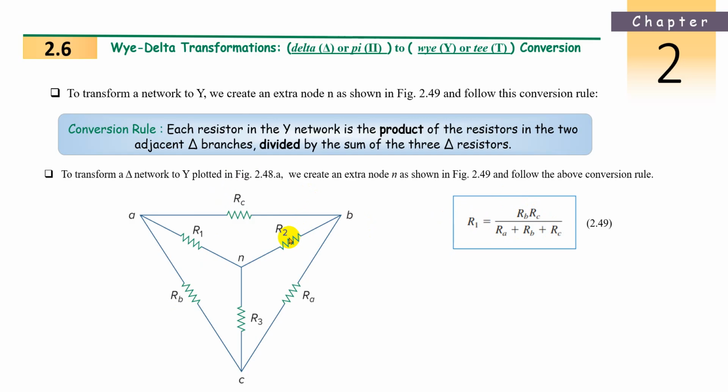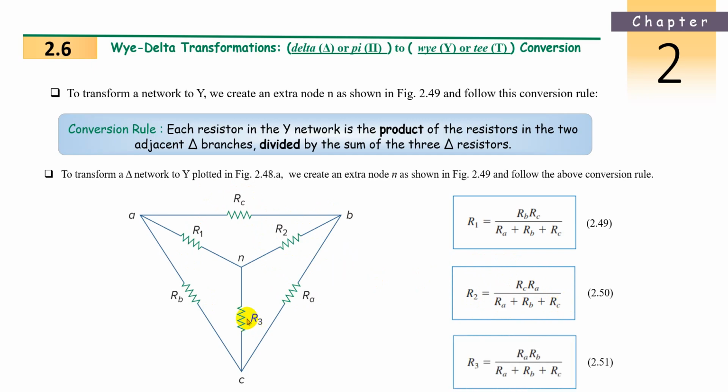Same if we want R2. As per the definition, it is the product of the adjacent delta resistances connected to the same node. So RA and RC multiplied, divided by the sum of all the resistances. R2 is RA RC divided by RA plus RB plus RC.